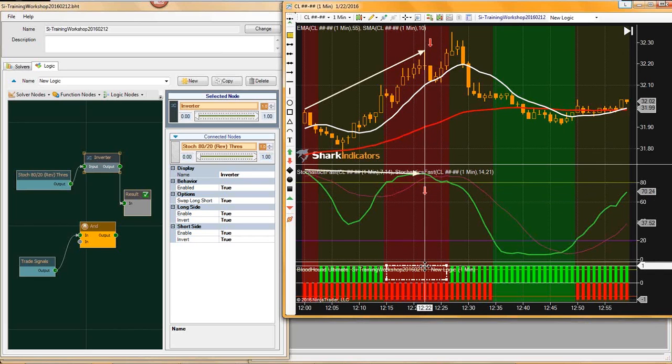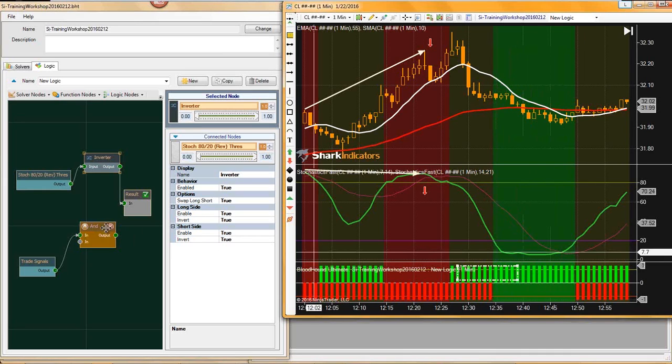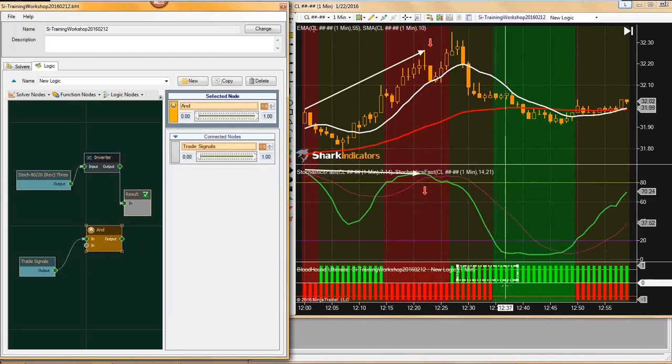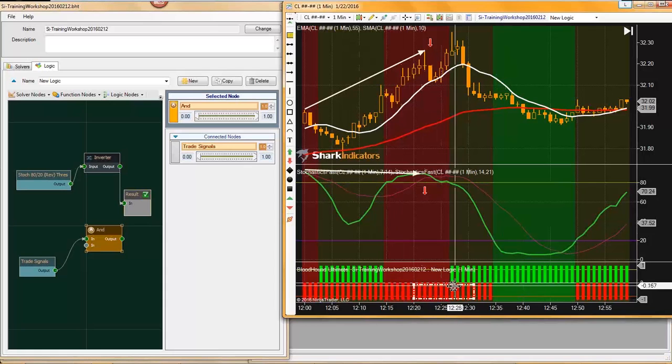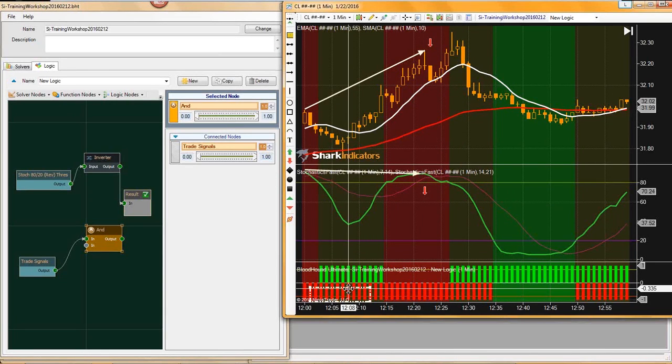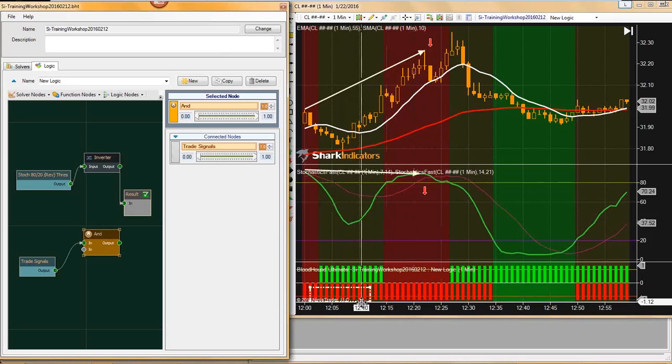Otherwise, any other time we have a long output, that means long trade signals will be free to pass through the AND node. And same down here: whenever you see this short output, that means a short trade signal can pass through the AND node.